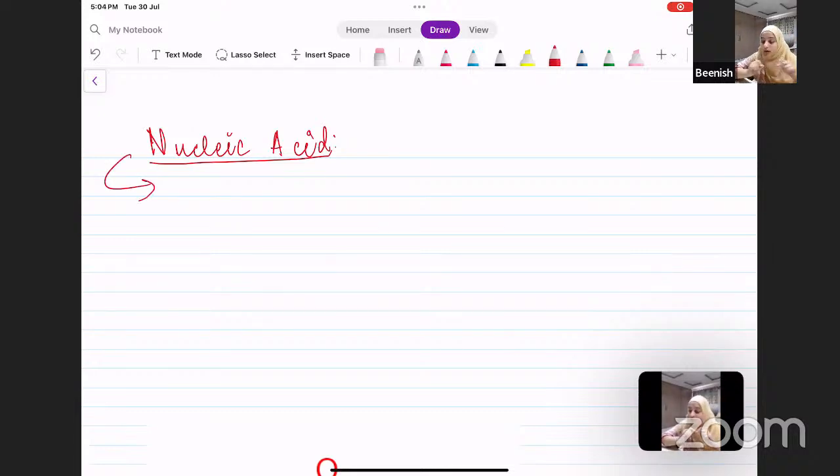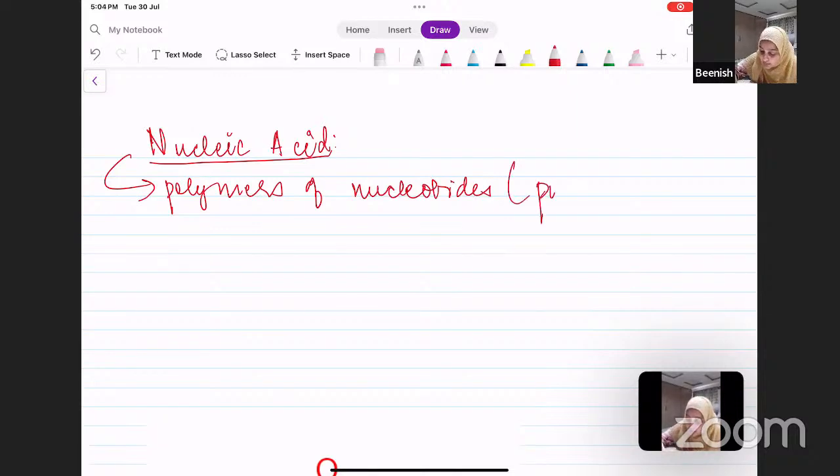If you have to give a one-line definition, you have to define nucleic acids. So what are they? They are polymers. Polymers of what? Polymers of nucleotides. Therefore they are also known as polynucleotides.